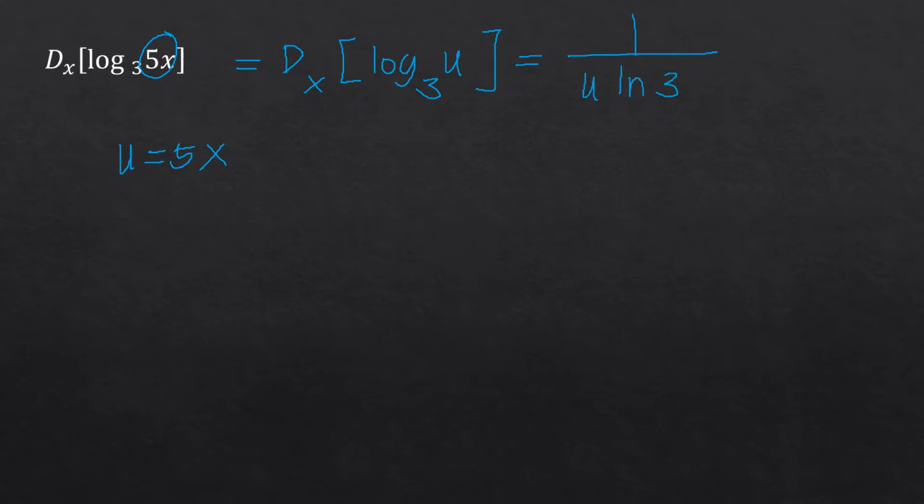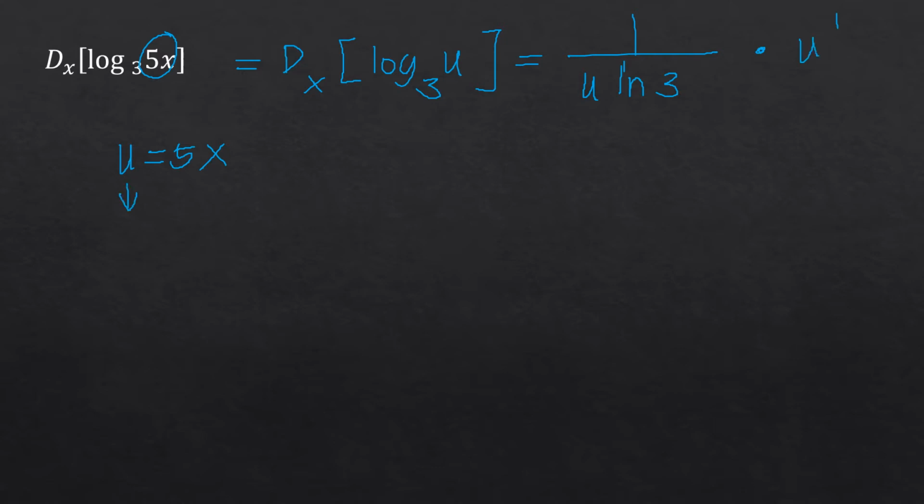So here in logarithm, we will let u be equal to 5x. So we have u that is equal to 5x. So this will become the derivative of logarithm of u to the base 3 is now equal to 1 over u ln of the base, which is 3, and multiply that to the derivative of u.